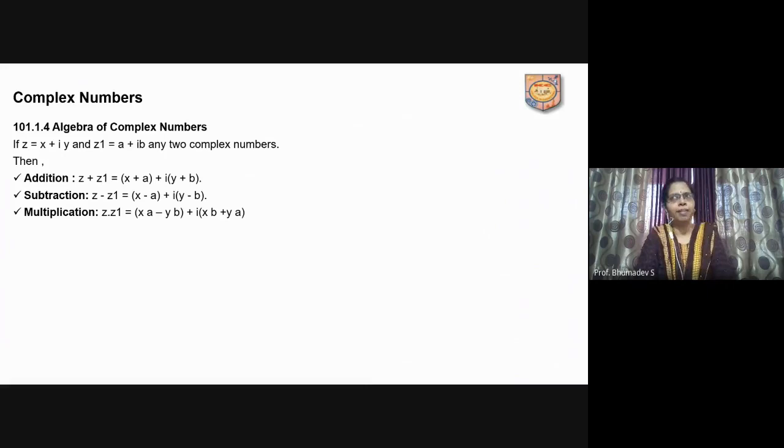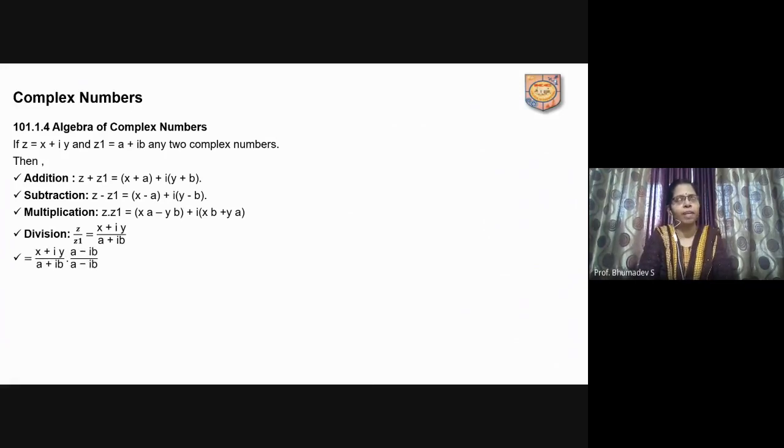The multiplication part also we can do. z into z1 can be written as x into a minus y into b, plus i into x into b plus y into a. The division part also we can do, z upon z1. For that we are supposed to multiply and divide by the conjugate of the denominator in order to bring a real number in the denominator, so that the numerator can comfortably be written in the form of real and imaginary parts.